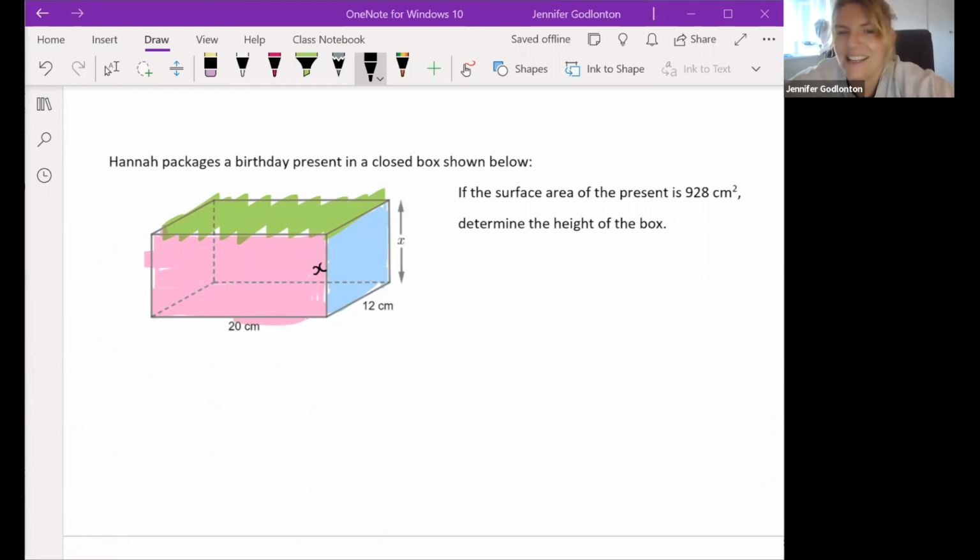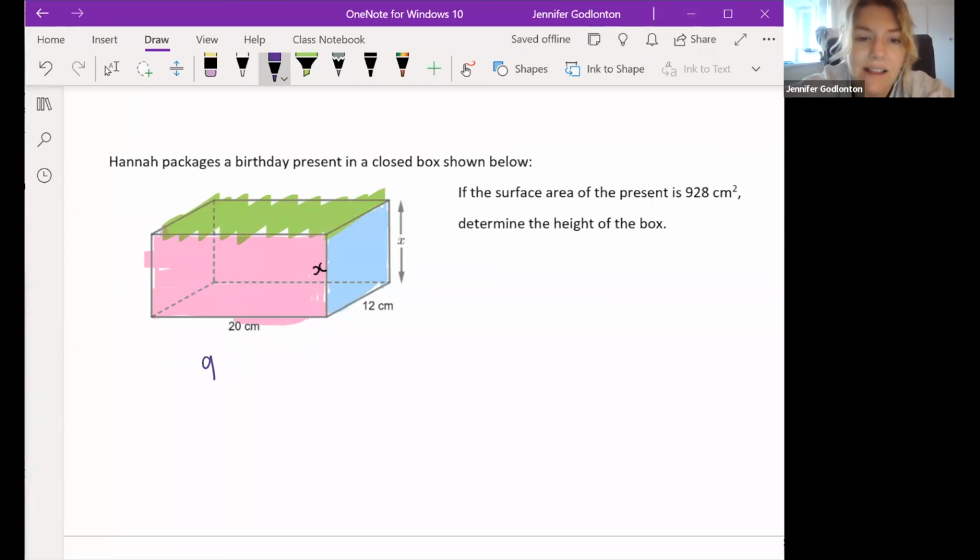Okay, Tiana, tell me what I'm going to write here. Hi, ma'am. So I'm going to skip that part where we write a formula. Is it okay? That's fine. So we started by saying our SA, which is surface area, is going to be 2 times 20 times 12.